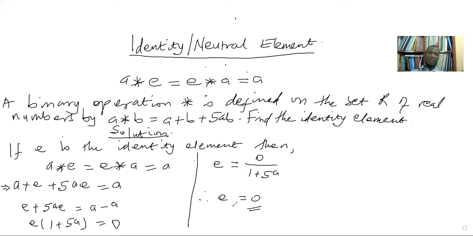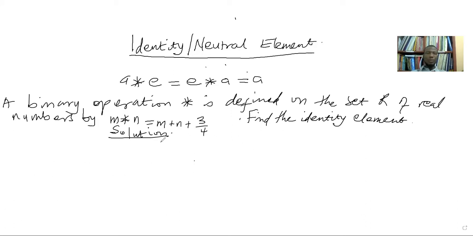Let's take another example. A binary operation star is defined on a set R of real numbers by m star n equals m plus n plus 3/4. Find the identity element.